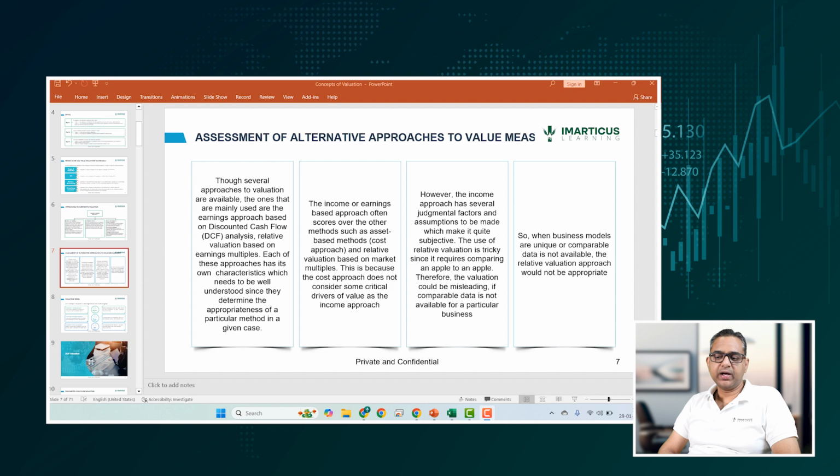These approaches also have their pros and cons, but these are considered to be better than other approaches. For example, let's say an asset based or a cost approach. The problem with that approach is that it does not consider growth assets while doing the valuation.